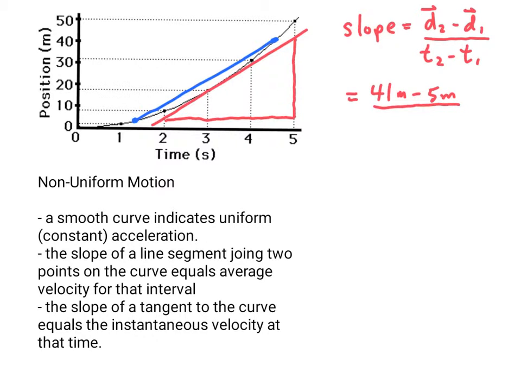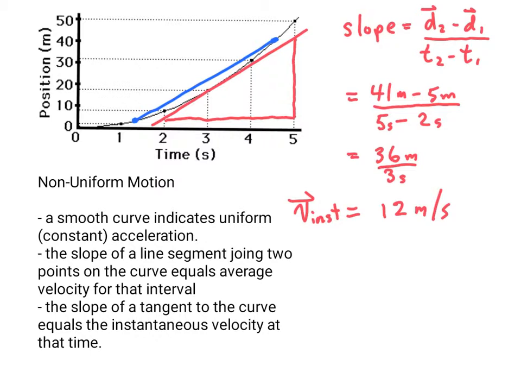And then for the corresponding times, we've got 5 seconds minus 2 seconds. Put our units in there. And so when we work that out, we get an instantaneous velocity of 12 meters per second.